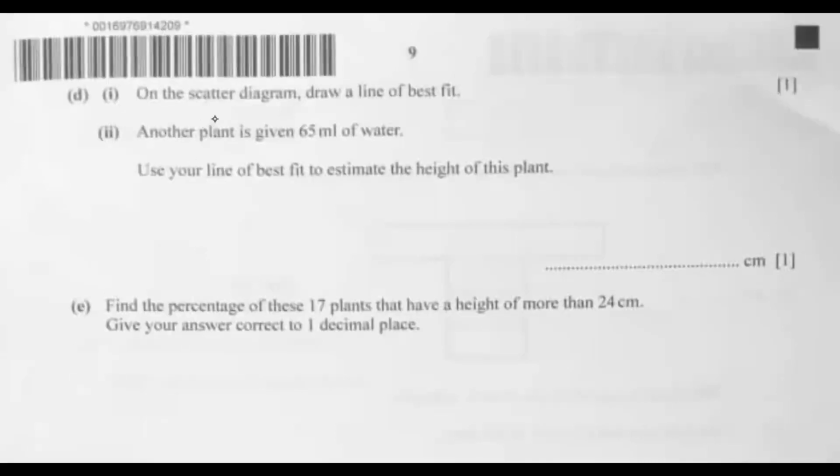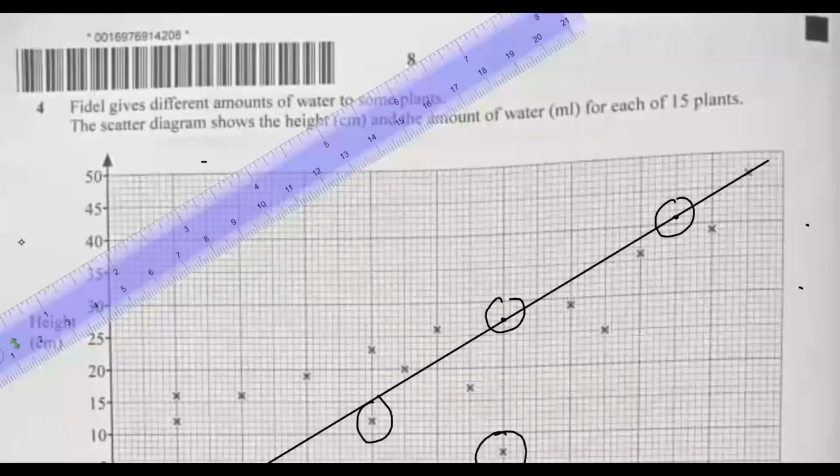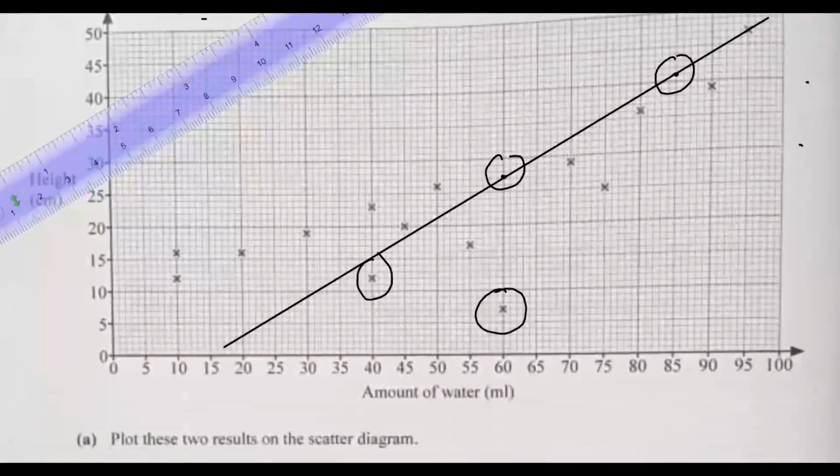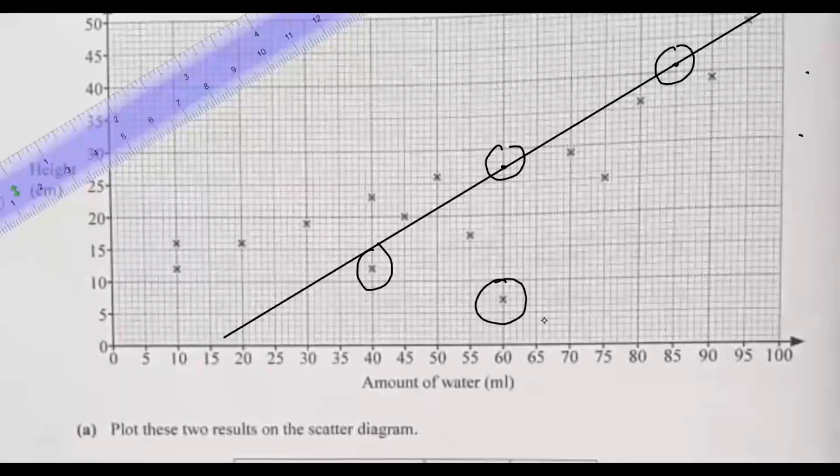We have done that. So the Roman figure 2, another point is giving 65 ml of water. Use your line of best fit to estimate the height of these plants. So we need to mark 65 milliliters. So let's go back to the grid. 65 milliliters will be somewhere here. So 65 milliliters is here.